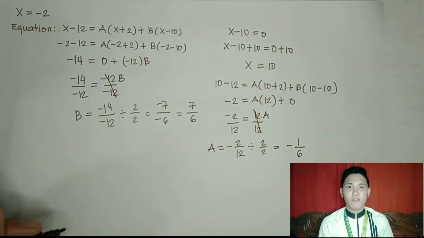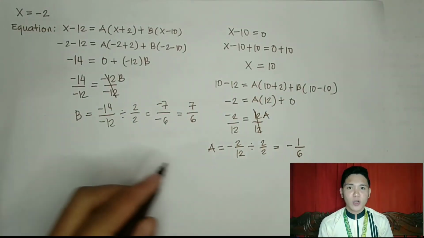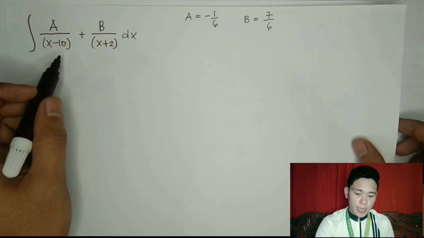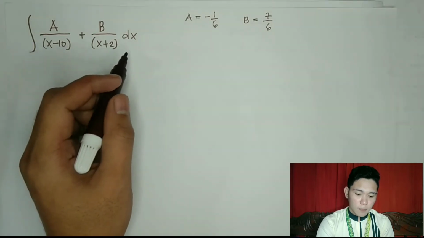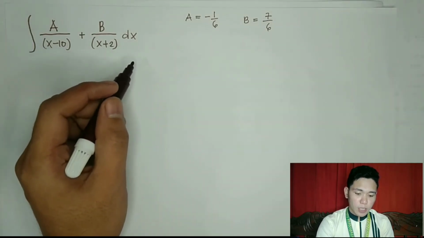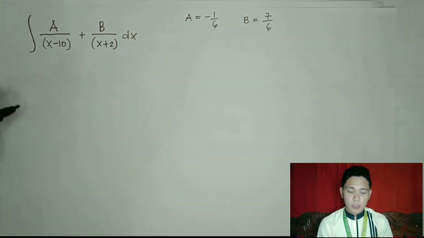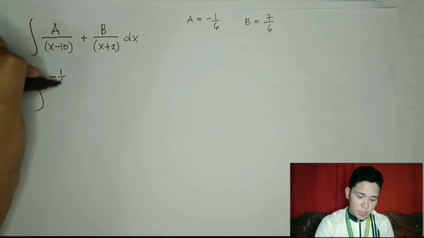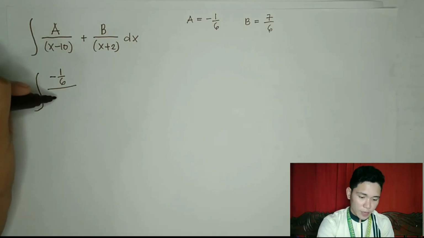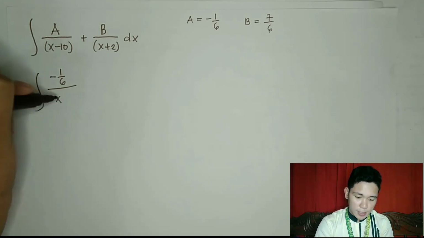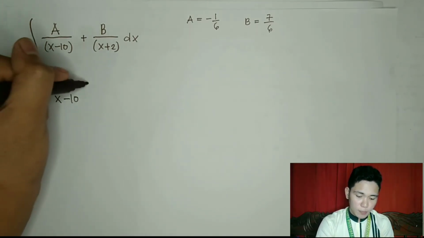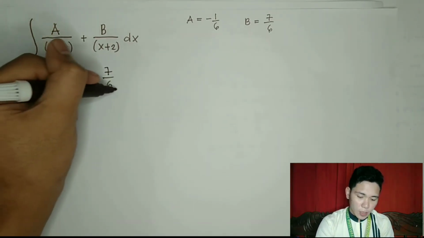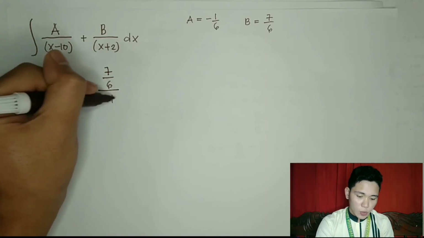Since we already have the values for A and B, now we are going to substitute them in the integral of A over (x − 10) plus B over (x + 2) dx. So we have the integral of negative 1 over 6, which is the value of A, over (x − 10), plus the value of B, which is 7 over 6, over (x + 2) dx.